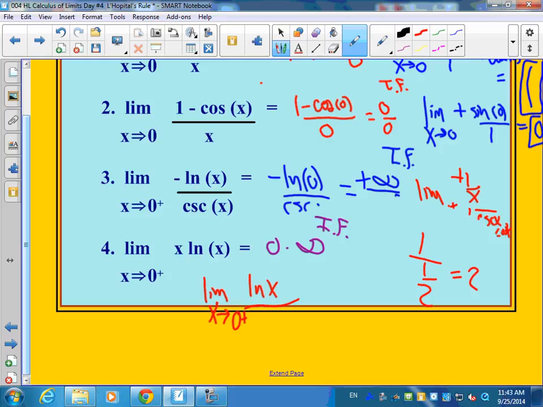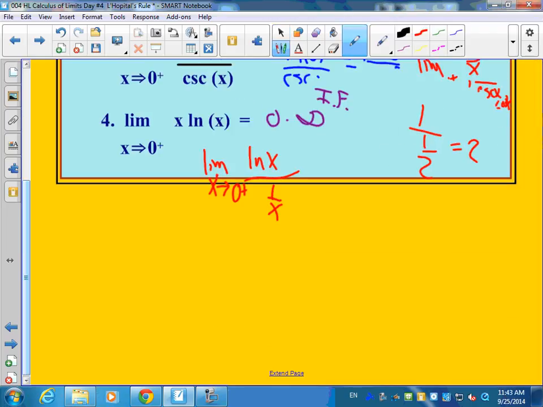So is this the same as x ln x? Is it the same? All right. So then that's going to be equal to the limit of natural log of x, as x goes to 0 from the plus side, over x to the negative 1.